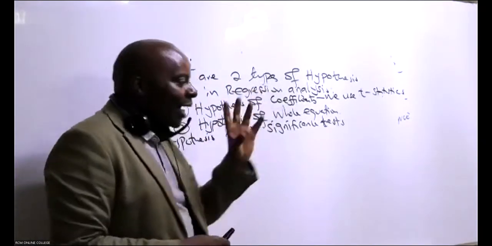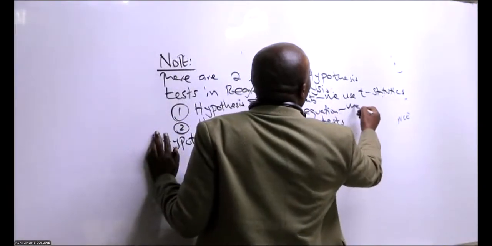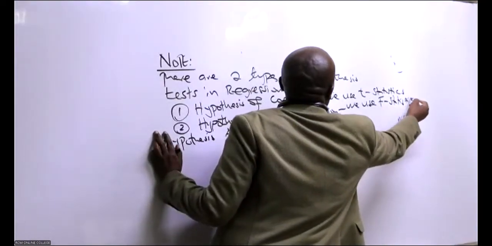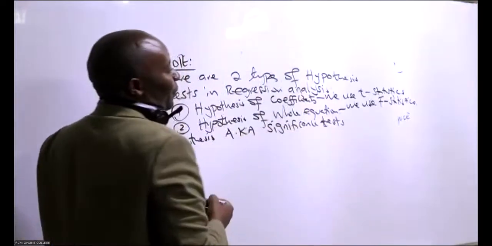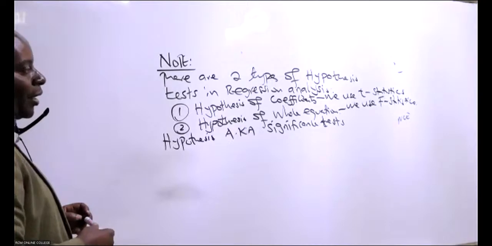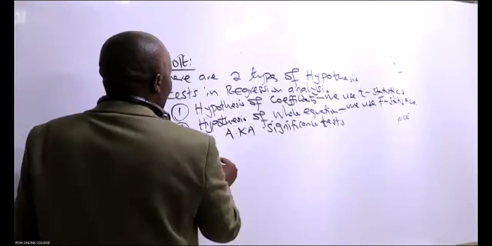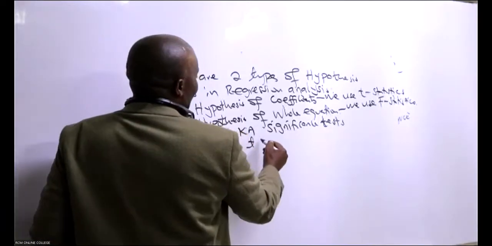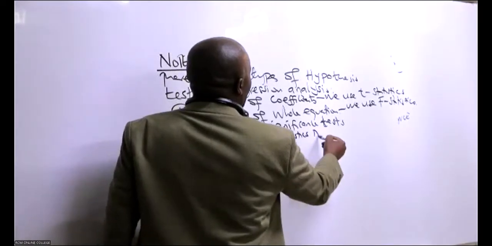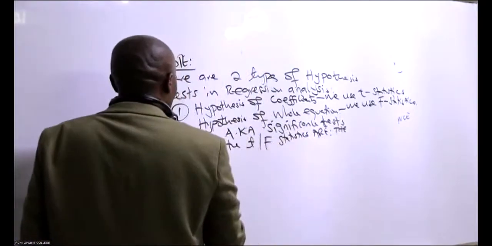When it comes to hypothesis of the whole equation, we use F statistics. You simply cram that there we use F statistic. Again, remember, ladies and gentlemen, the higher the T or F statistics are, the more significant.